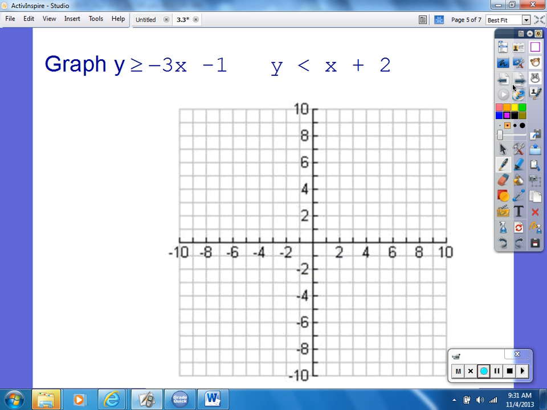Okay. Go ahead and try this one. Remember, draw the first line, solid or dotted, put arrows. Then do the second line, solid or dotted, do your arrows.